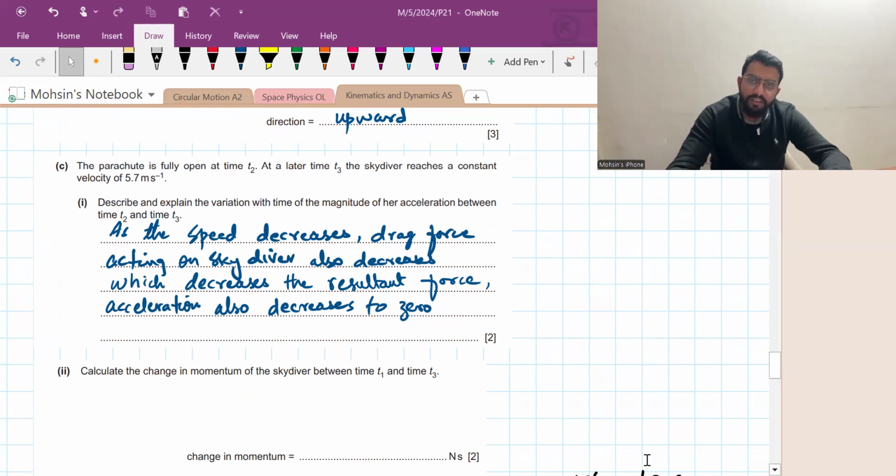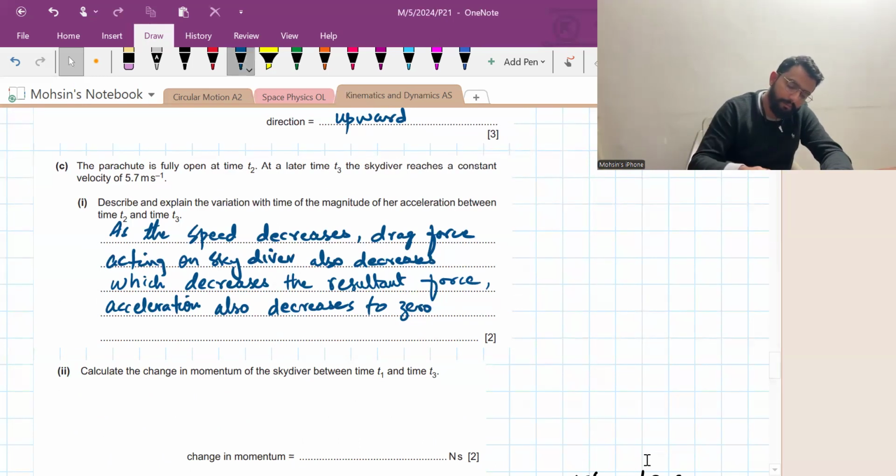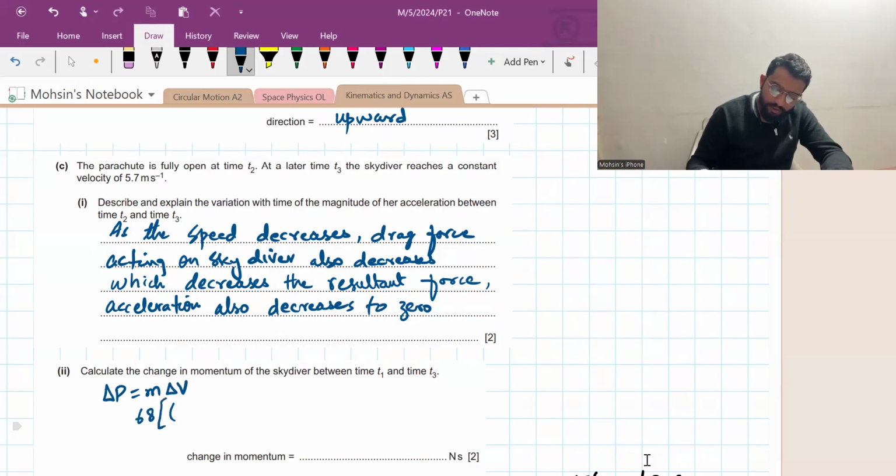So what is the formula for change in momentum? It is mass into change in velocity. Mass is 68. Change in velocity: final velocity is 5.7 minus, I'm using a larger bracket, 39.